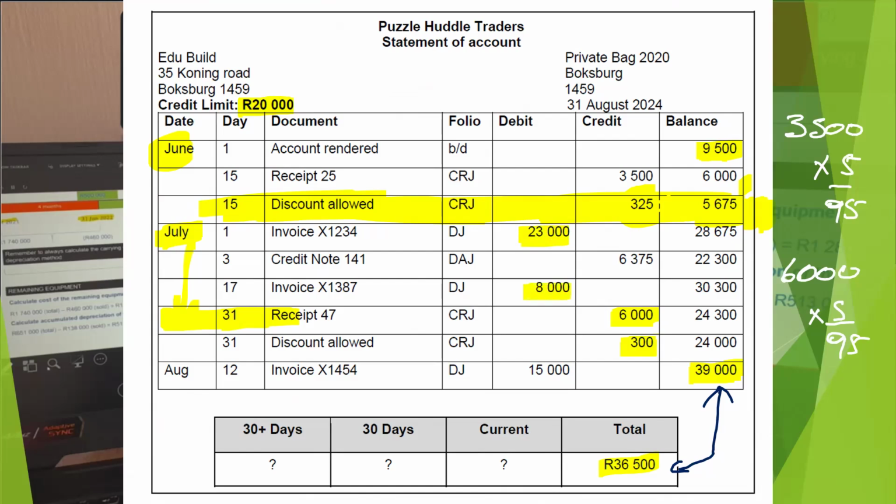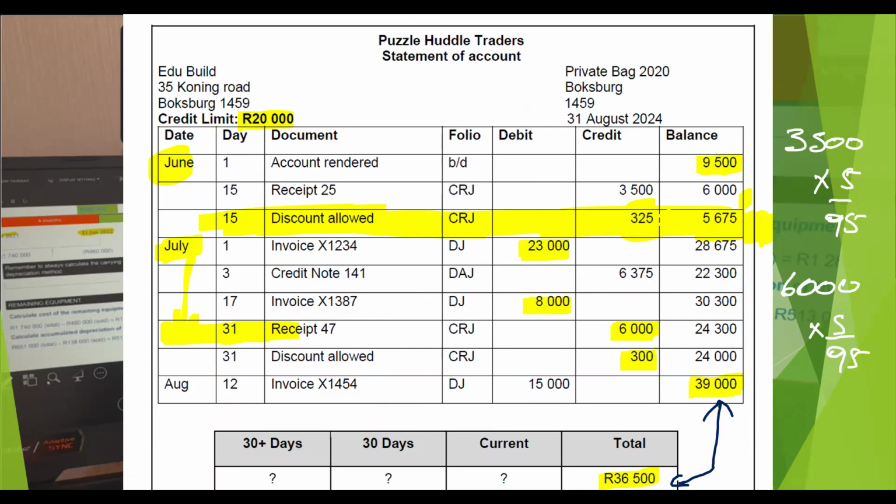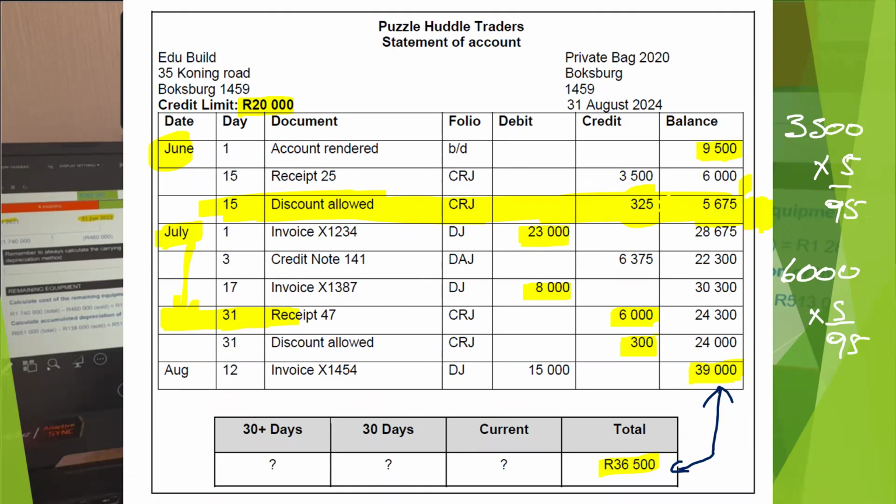This is the only one that will qualify for a discount, but the 23,000 and the 5,675 will not qualify for a discount at all. But they calculated it as 300, which is wrong. They probably took something else, because when I calculated it, it was different. Let me see how much I got for this. I am going to take 6,000.